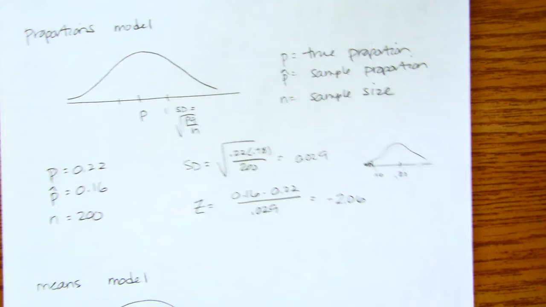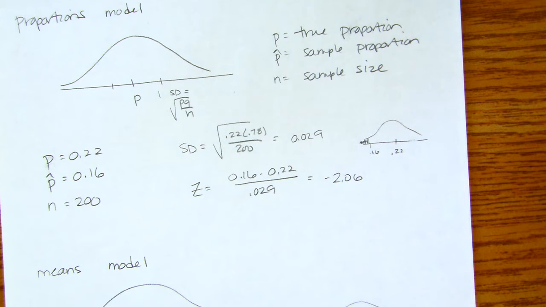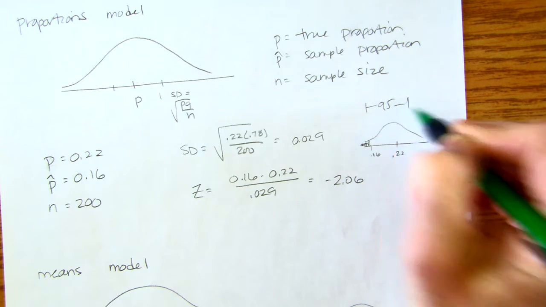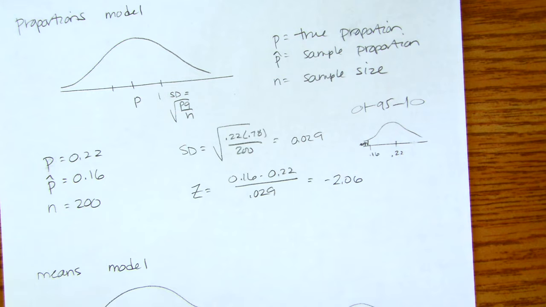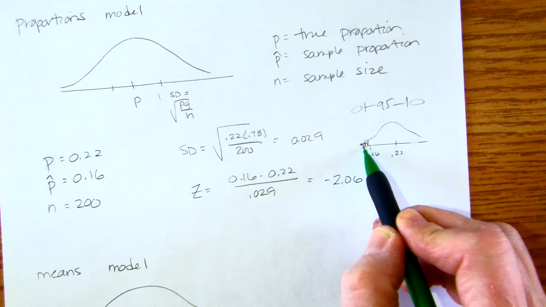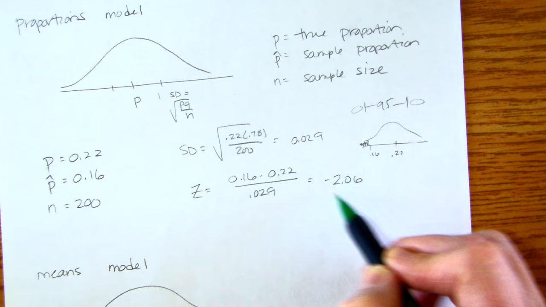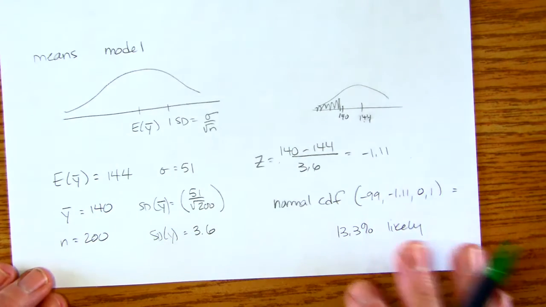I didn't calculate the likelihood of this happening. We already know this is not very likely. If we think about 2 standard deviations, we know this is 95% of the curve, so each end can only have 2.5%. So we know this is less than 2.5% likely to happen just due to natural variability. We're going to get more into that in a little while.